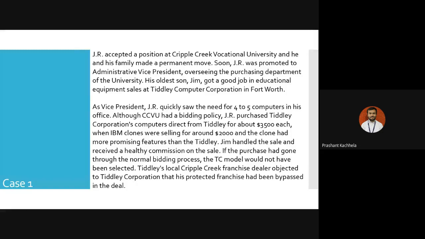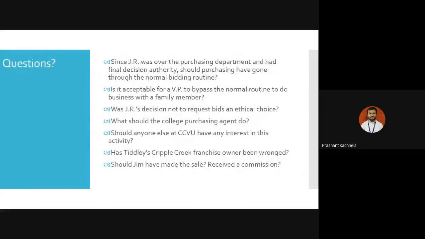So it is also a big contract that Italy got, and we have seen that even by getting this contract, Jim also got a healthy commission. This is also one form of corporate nepotism, right?